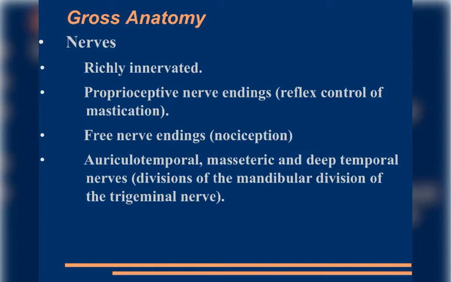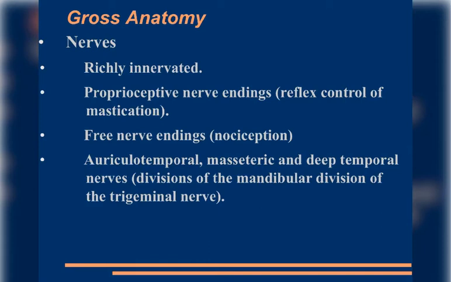They send the message to the central nervous system, and the central nervous system sends the order to the muscles that are responsible for continuing the chewing process to stop contracting. Then we stop chewing, and we protect our teeth and oral cavity from biting on such a very hard object. This is called reflex control of mastication.